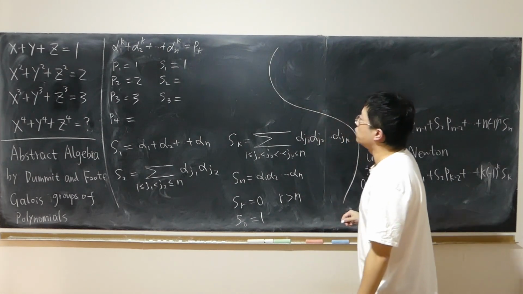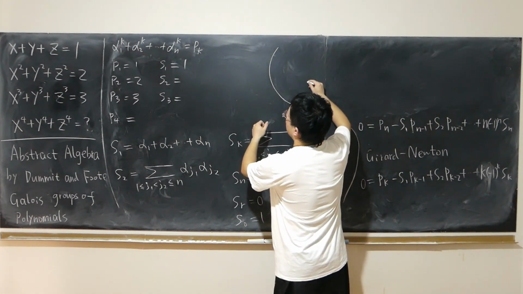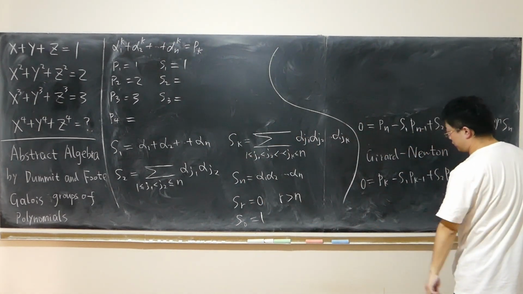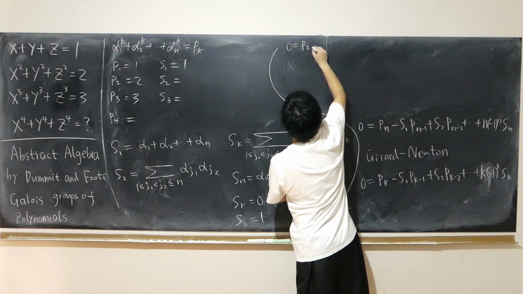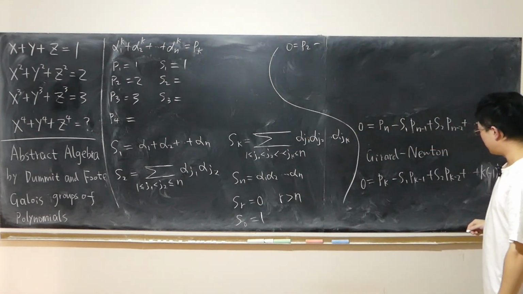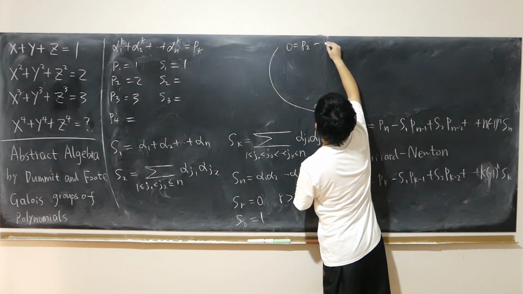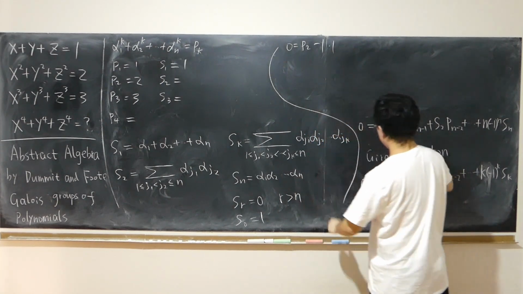So determine S2. Right, what's S2 equal to? So 0 is equal to P2. I'm going to set k equal to 2. 0 equals P2 minus S1 times P1, 1 times 1, right?